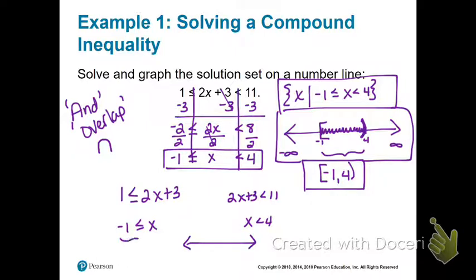I'm going to take this first one here and flip it over so my x is first. And so we'd have said, well, at -1, we would have shaded this way. At the 4, we would have shaded this way. And so we could see that our overlap was the in-between. So it's the same type of problem. They're just able to write it in one problem because it is that and statement.